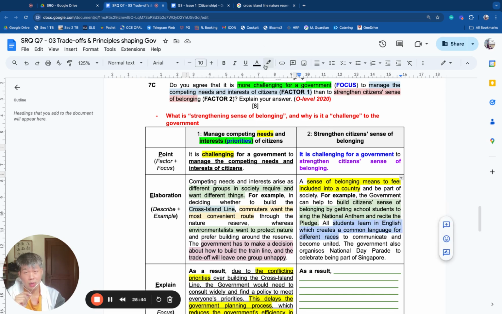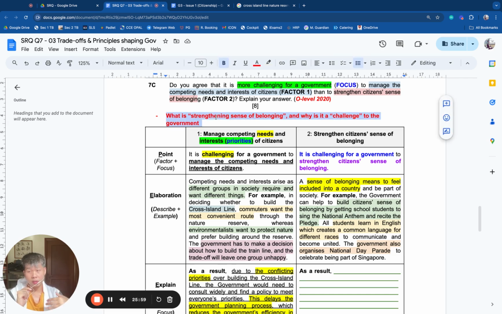Besides mother tongue, we all learn English, and that the government organizes National Day Parade. All these examples are already things you know about sense of belonging. And the challenge for students to hit L3 is to explain why all of this is tough for the government. Why is this tough for the government?